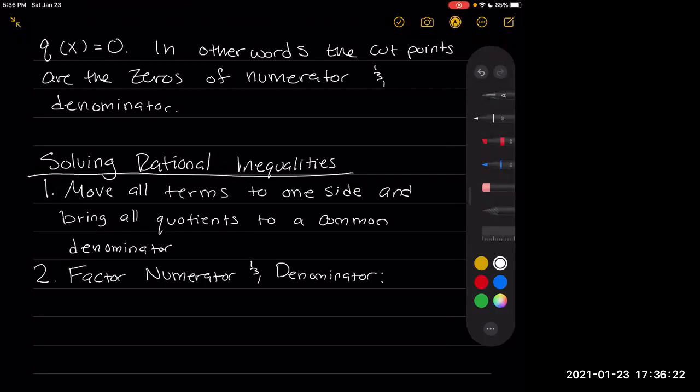And this will let us find our cut points. All right, 3, we're going to find the intervals. And this time it is in between cut points.